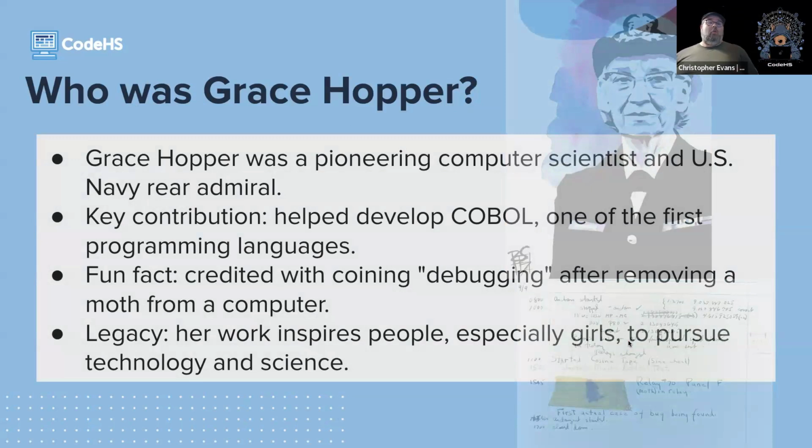She helped develop the COBOL language and is credited with coining the term debugging after she found an actual bug in a computer. She found a moth. So this is a good lesson for your students to introduce who Grace Hopper is during this week, because that's why we are celebrating CS Ed Week when we are: to celebrate the legacy of Grace Hopper.